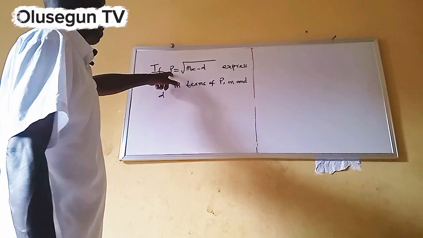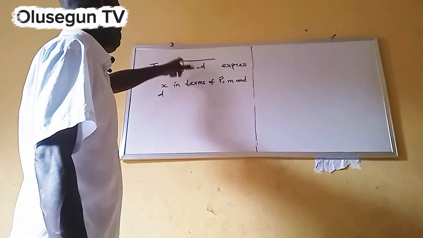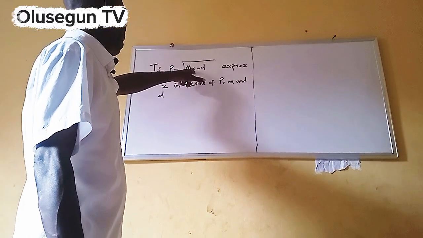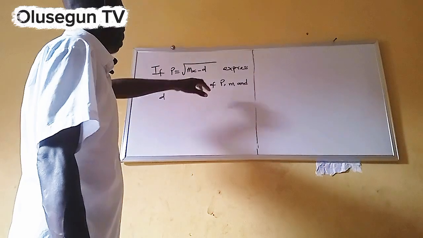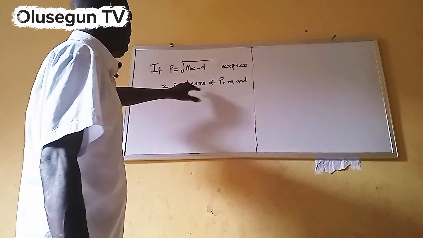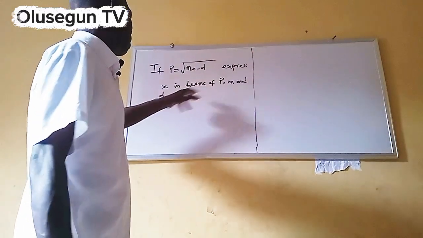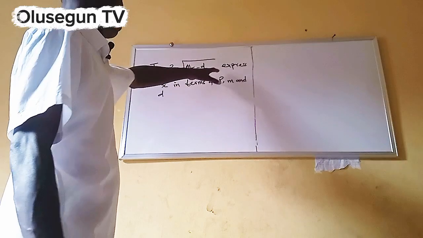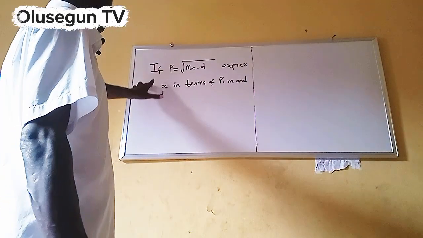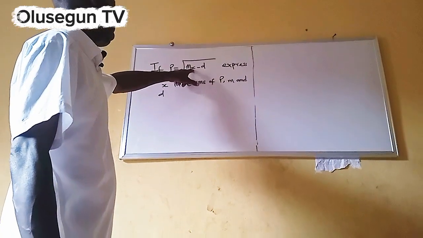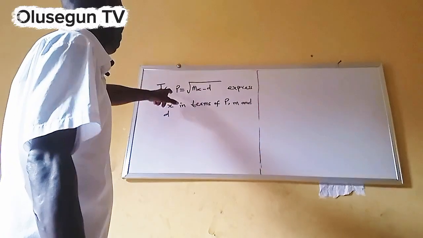You are given p is equals to square root of mx minus d, and to express x in terms of p, m, and d, what this English is simply telling us is to make x the subject of the formula.